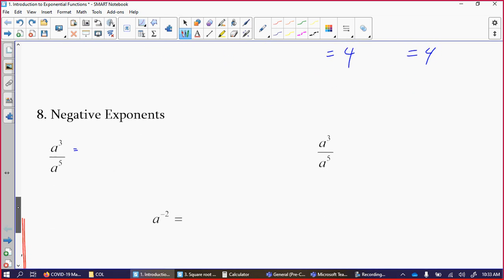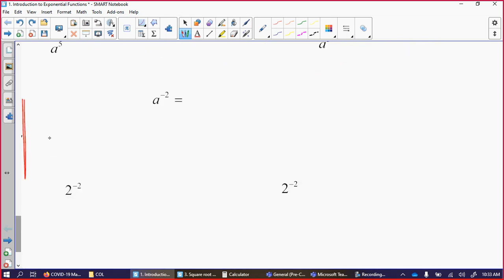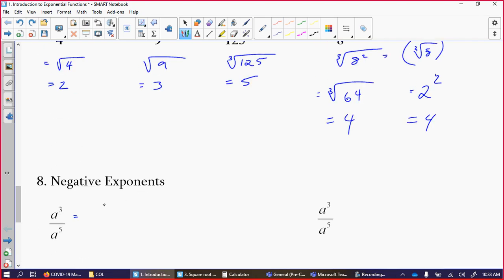Negative exponents. And that's it for today. So writing this out, well, we could say a to the 3 minus 5, which is a to the negative 2. Okay, that's cool.